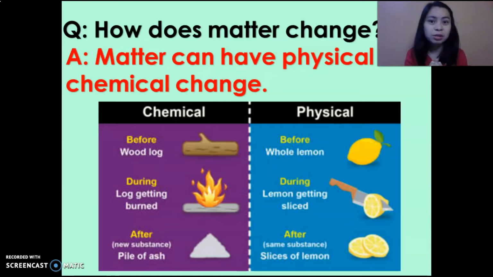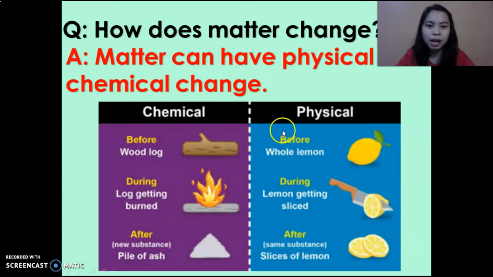The answer would be matter can have physical change and chemical change. Can you say it with me? Say physical change. Good. Chemical change. Good job.